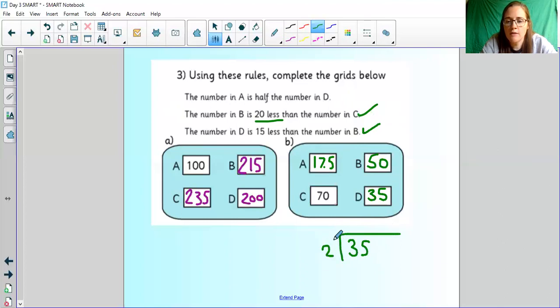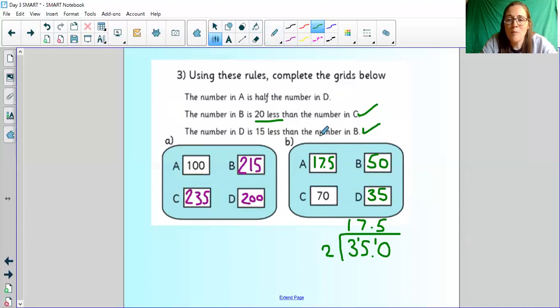So you can do how many 2's are there in 3? 1, remainder 1. How many 2's in 15? 7, remainder 1. And remember, up above, down below, add the 0, and we add our remainder 1 here. How many 2's are there in 10? 5. So half of 35 is 17.5.